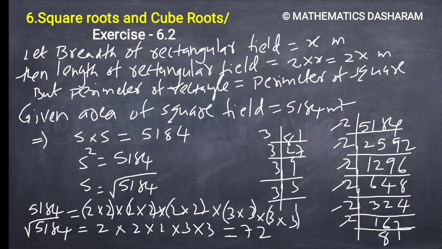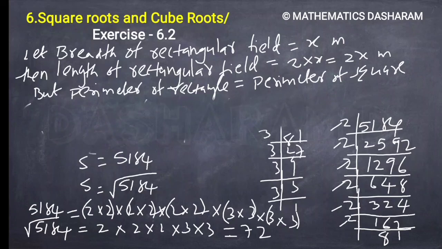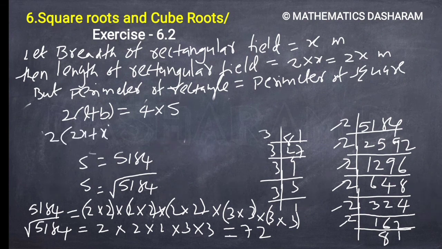But as per the question, the perimeter of a rectangle equals the perimeter of a square. So then perimeter of a rectangle formula 2 of L plus B equals perimeter of a square formula 4 into side. So 2 of L value 2x and B value is x. 4 into the side value, how much? 72.